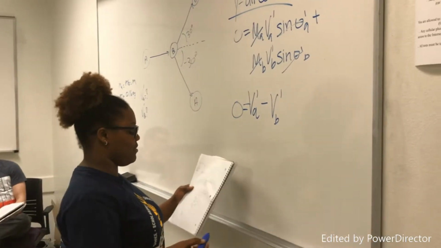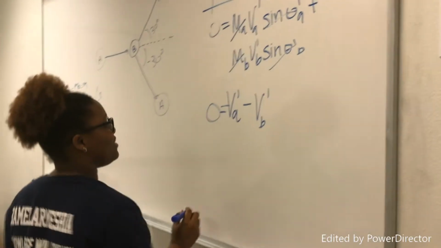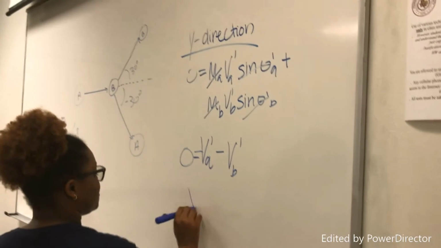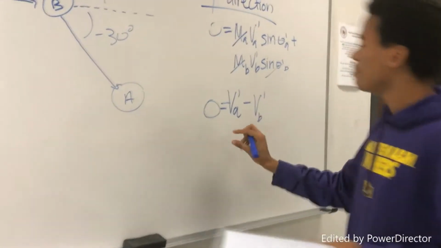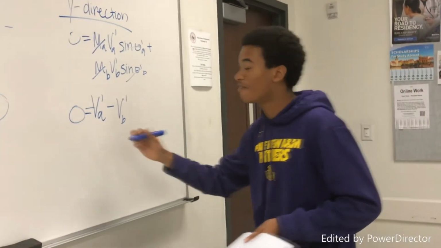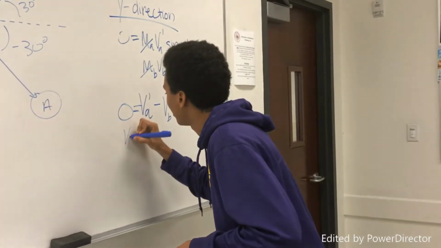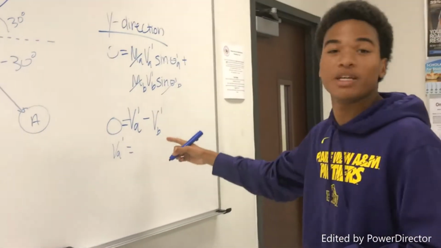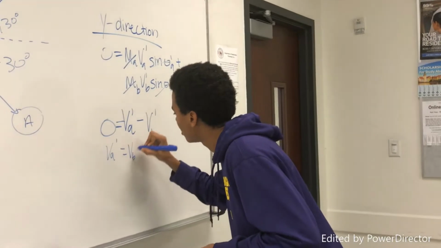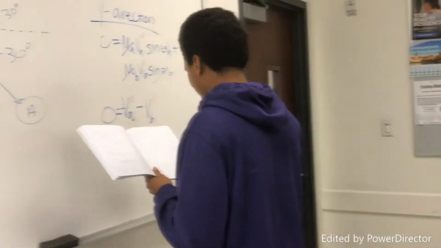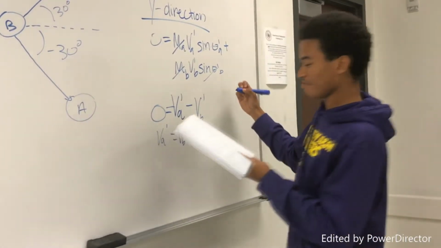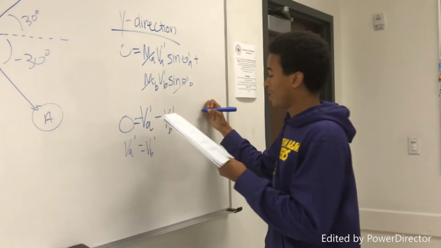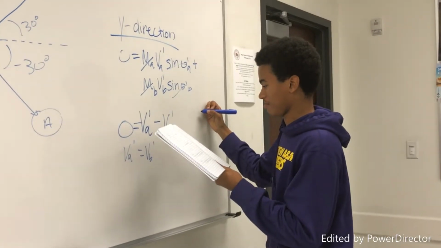Then we will plug this into the x direction. Since Joshua knows this so well, he can come up here and solve the rest. Because this is equal to 0, we can set VA prime equal to VB prime. Right, class? Absolutely.